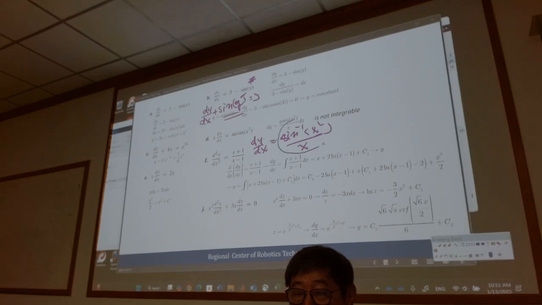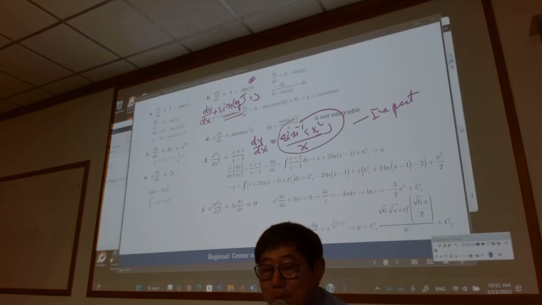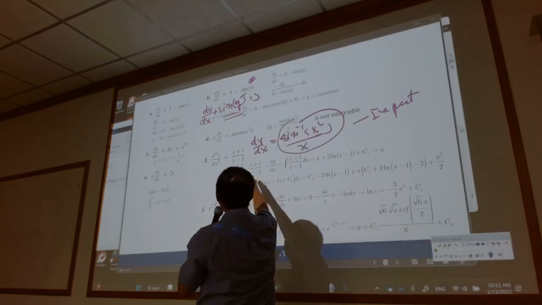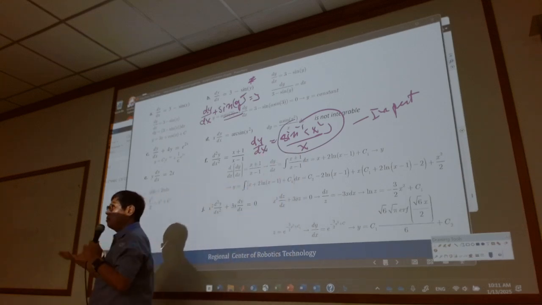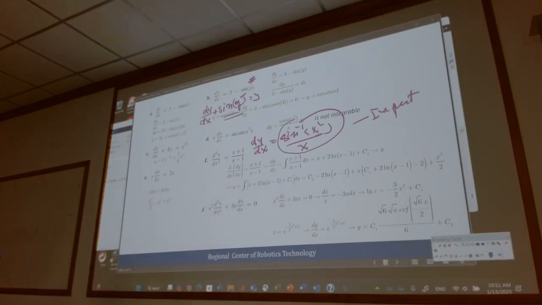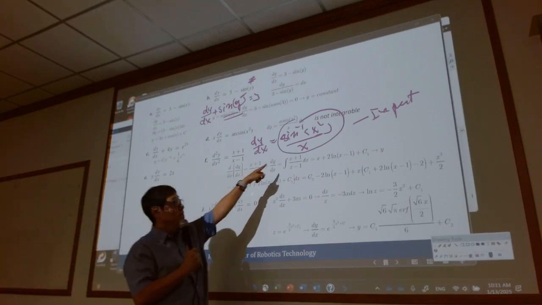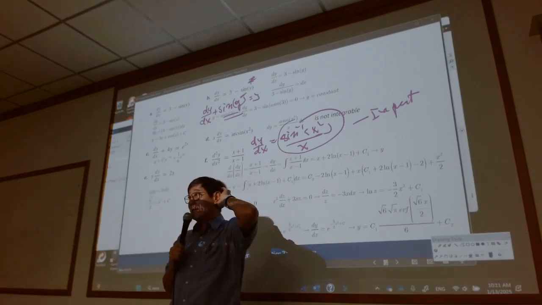But it's an input. We can consider this one as an input. It's linear, but for the input you cannot find an identical function. You cannot integrate this term. You can integrate only numerically.